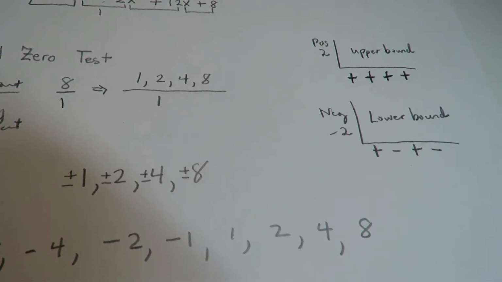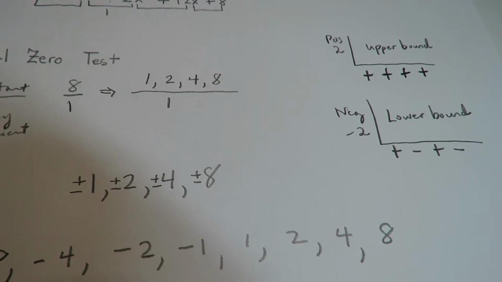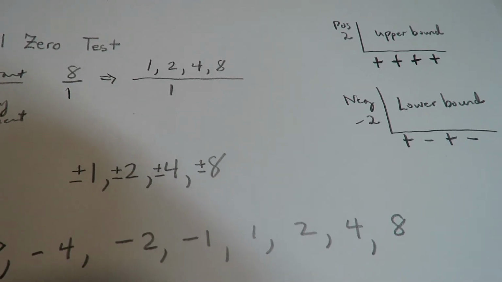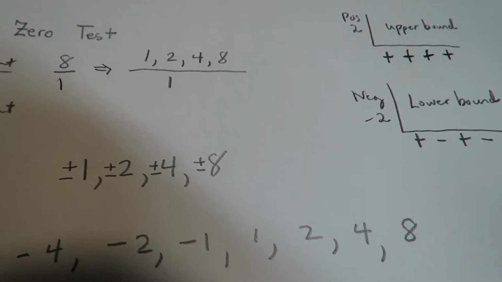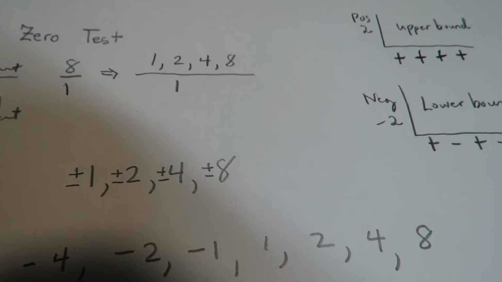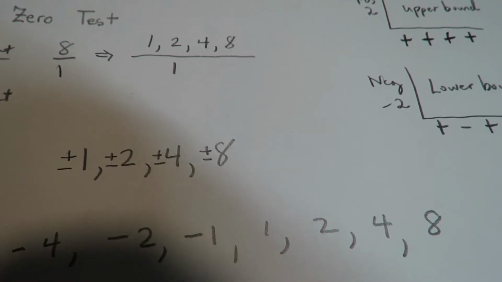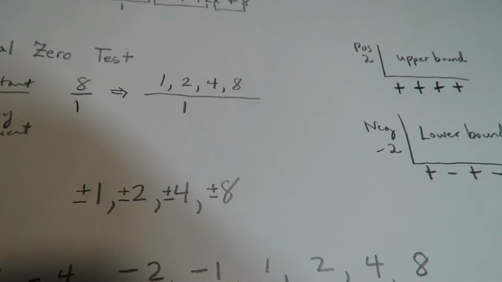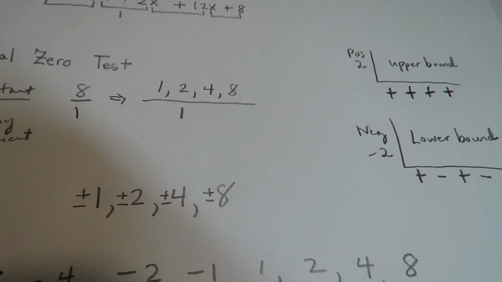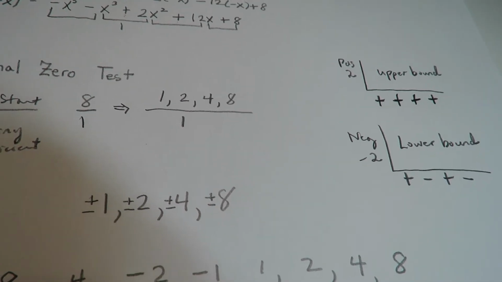Now again, I know I'm giving you a lot of information, but when I say lower bound, this doesn't necessarily mean that negative 2 is the highest lower bound, right? Negative 1 might have been the lower bound. So it's not necessarily giving you the highest lower bound.